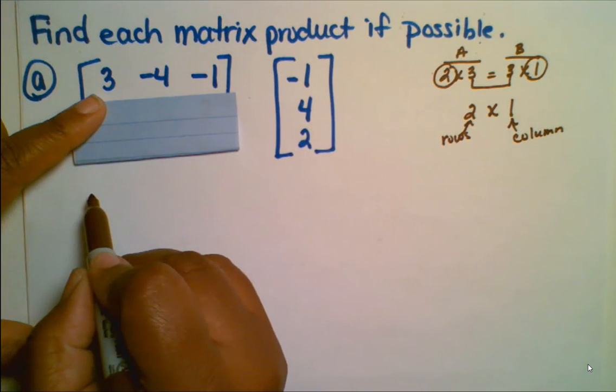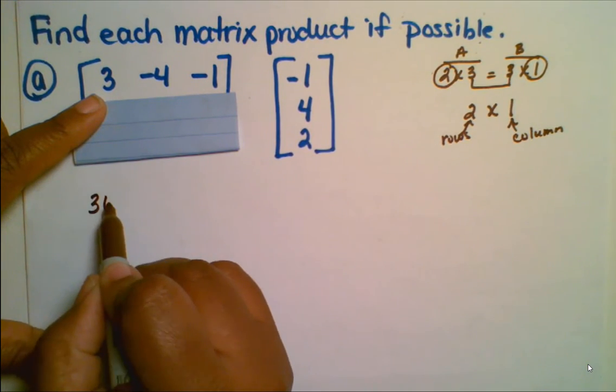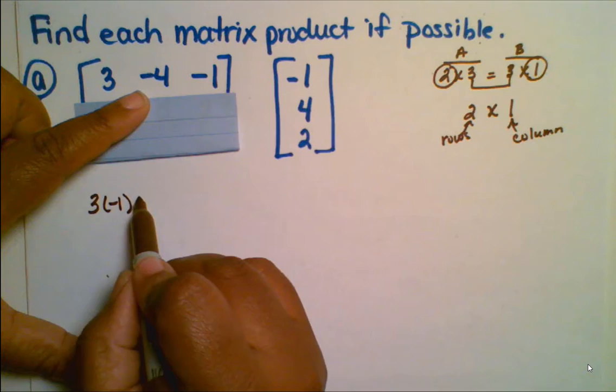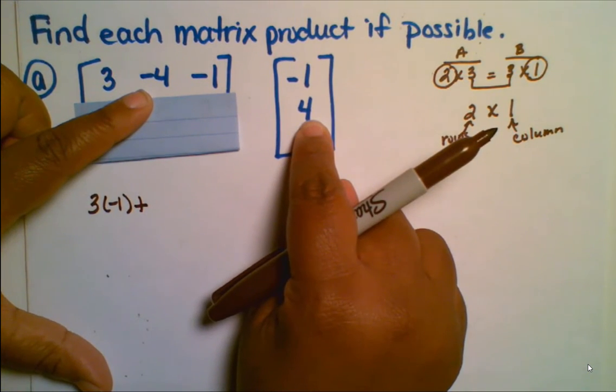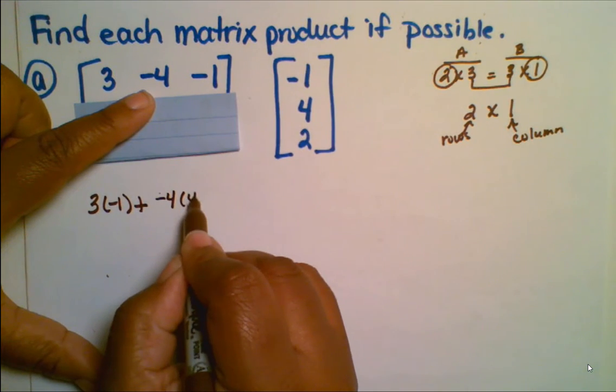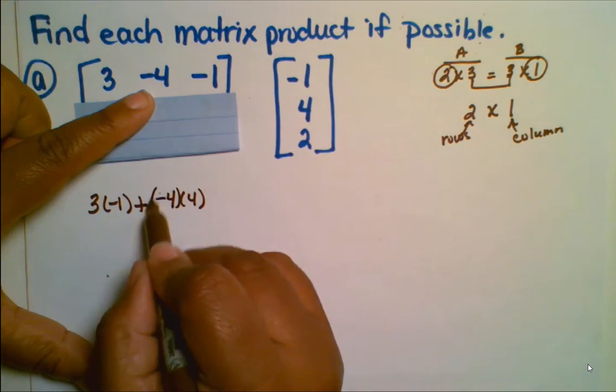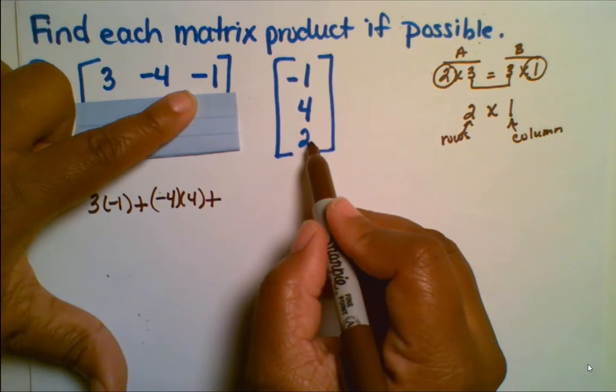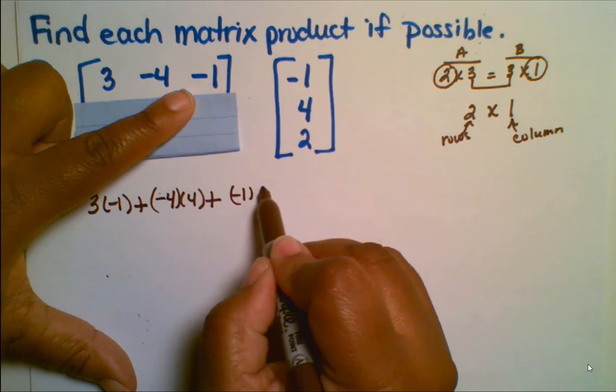So we write this as 3 times -1 plus, let's look at the next one, -4 times 4 plus -1 times 2.